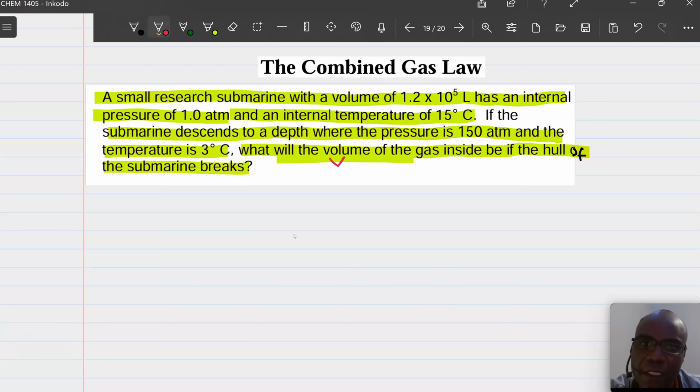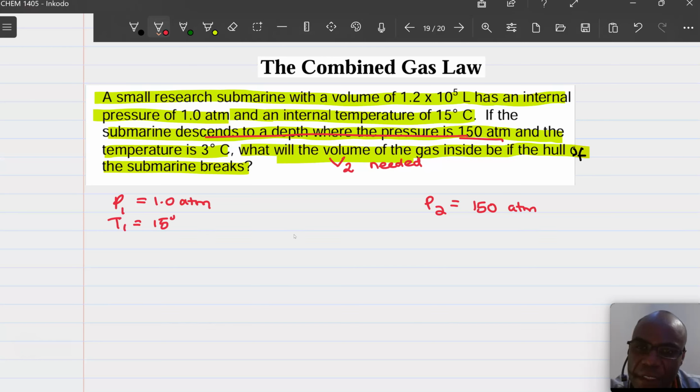So looks like we need V2. We are given everything else. So remember, P1 is given as 1 atm, that's the initial pressure, and then P2 is given as, you see, it descends to a depth of a pressure 150 atm, and then we have T1 is given as 15 degrees Celsius.